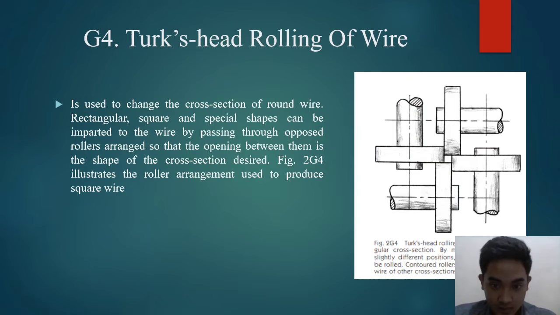Next, it is used to change the cross section of round wire into rectangular, square, and special shapes. The shape can be imparted to the wire by passing it through opposing rolls arranged so that the opening between them is the cross-section delivered.